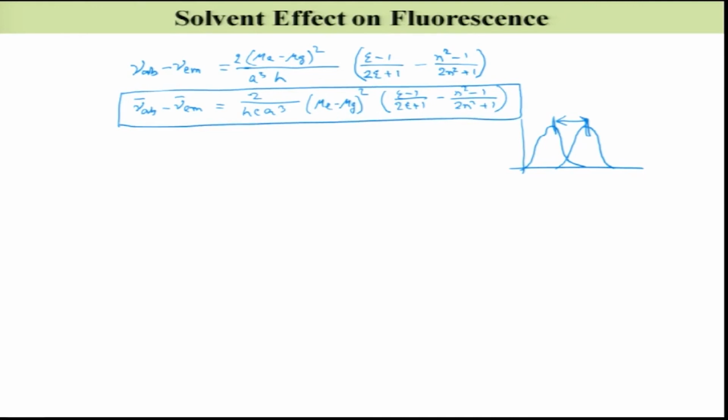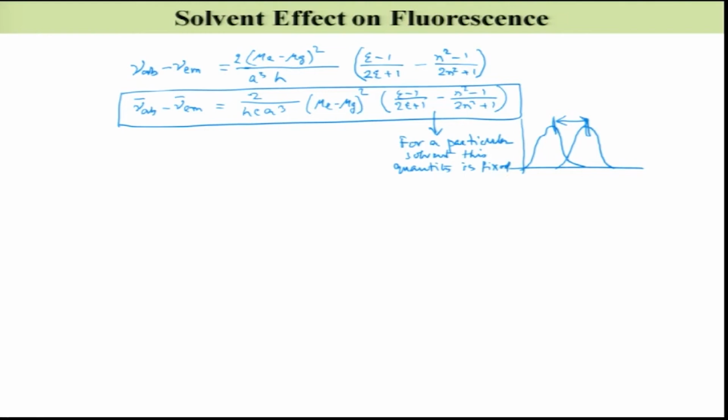For a particular solvent, epsilon and n are fixed, right. So, this quantity is fixed, is it not? Okay.